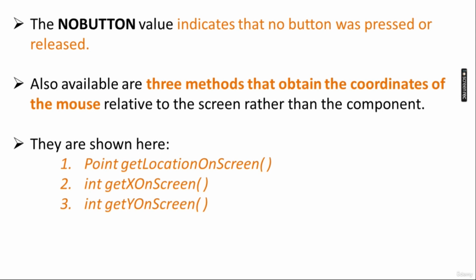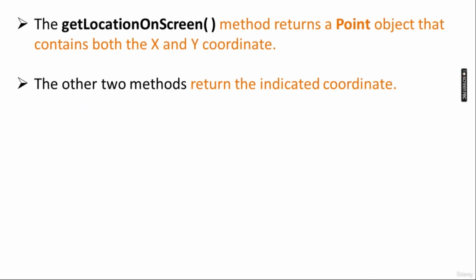So these three methods give you location relative to your complete screen rather than the component: Point getLocationOnScreen, integer getXOnScreen, integer getYOnScreen. The getLocationOnScreen method returns a point object that contains both the x and y coordinates.